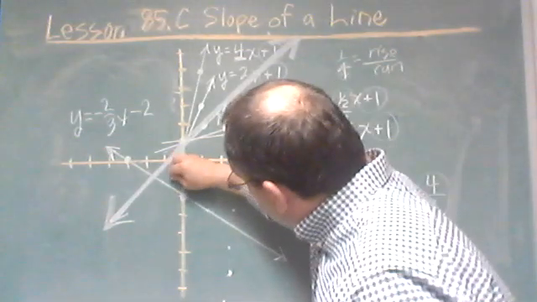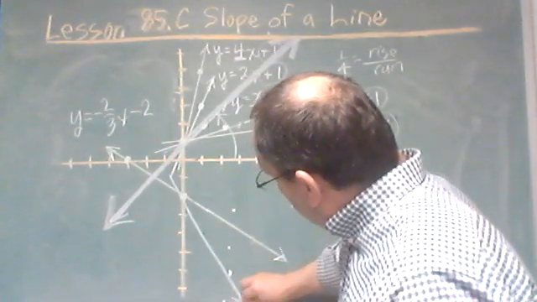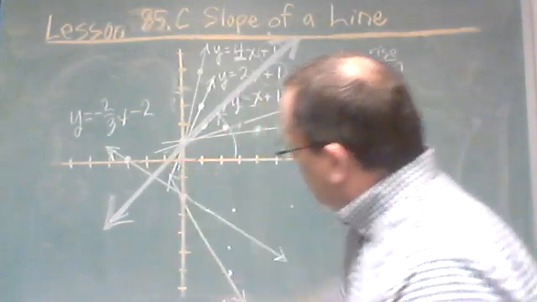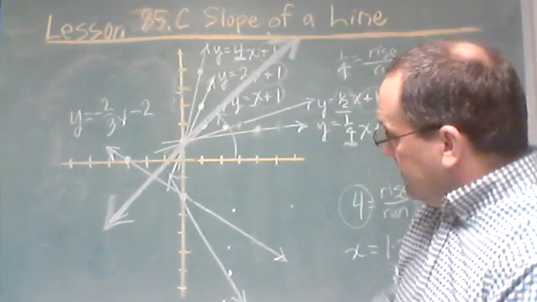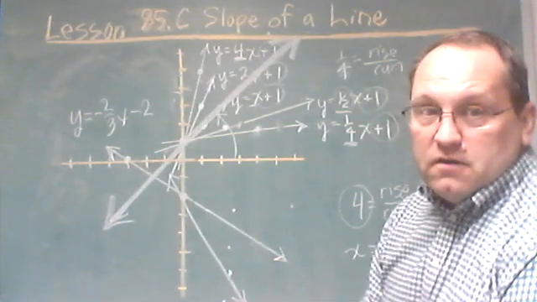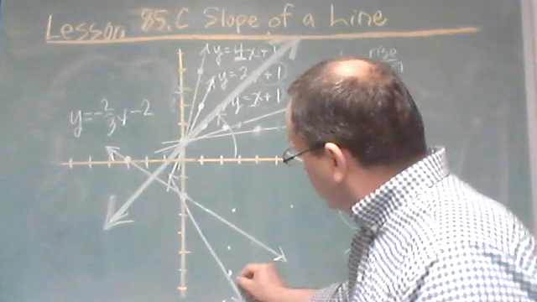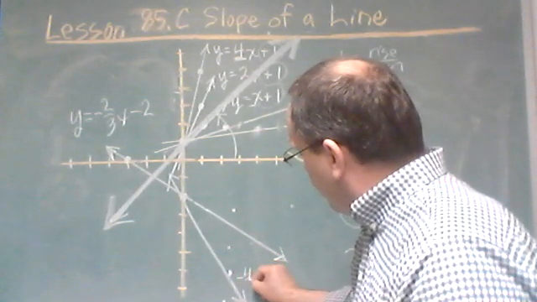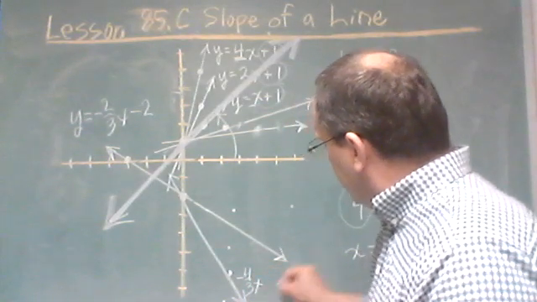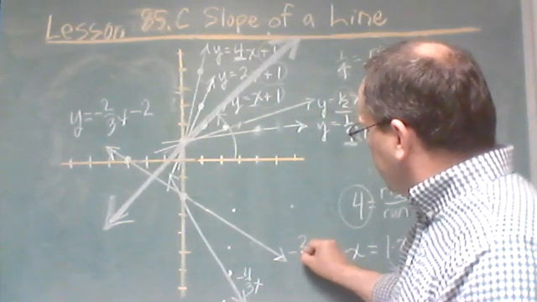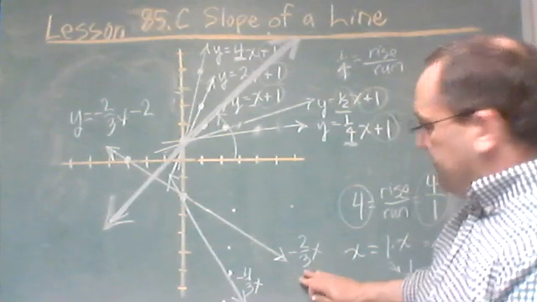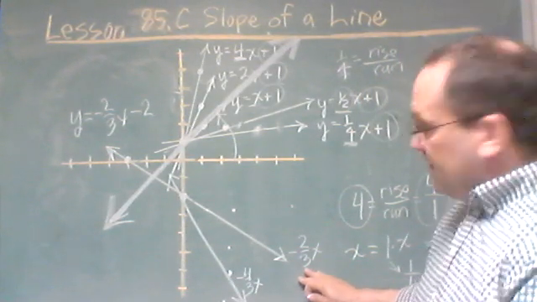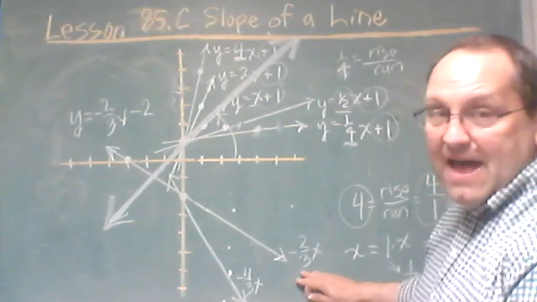Okay, that would mean a much steeper line, but it's in the negative slope region. It's a steeper line. It's approaching more vertical. Okay, this would be a slope of minus 4/3 x. This is a slope of minus 2/3 x. Okay, well, what if this number is a half?